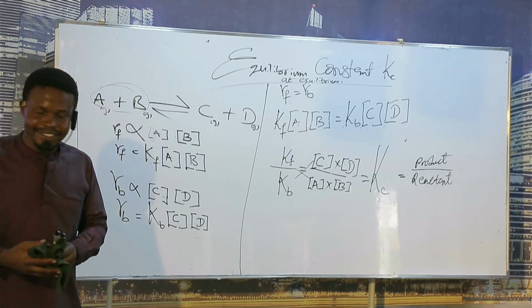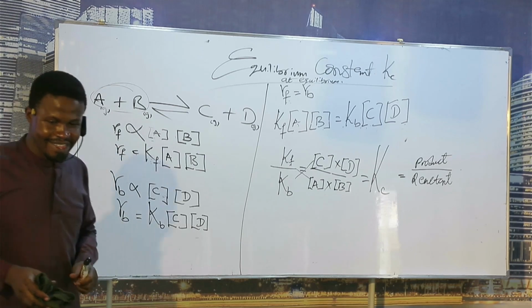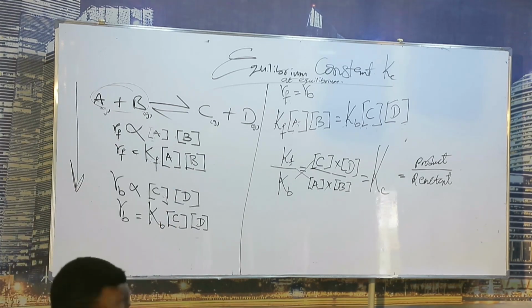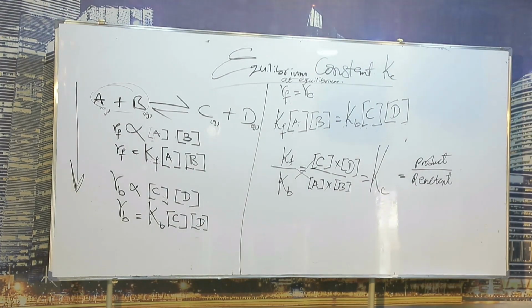I say it again. The equilibrium constant is the ratio of the concentration of the product to the concentration of the reactant, each raised to their respective stoichiometric coefficient at a given temperature.